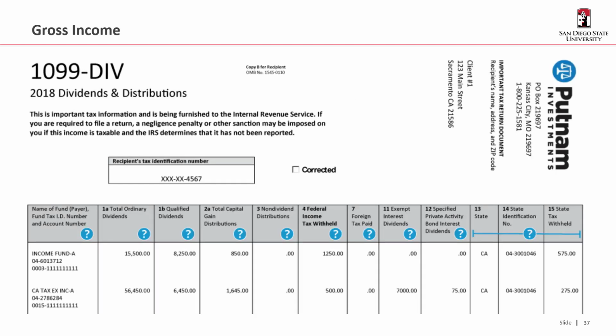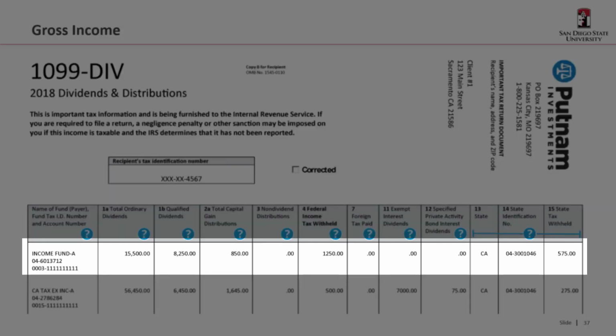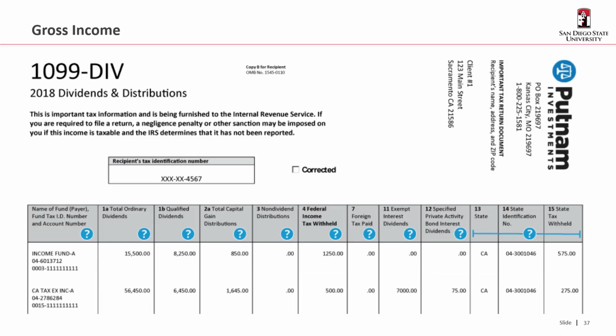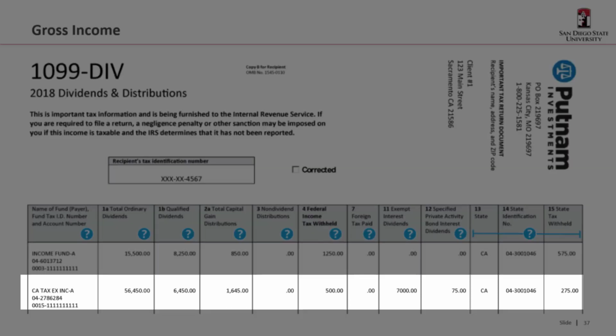Okay, so here's what a common mutual fund 1099-DIV will look like. If you look at the top fund, the Income Fund A, you'll see it's got ordinary dividends, qualified dividends, and then total capital gain distributions. Again, those are broken out separately. Why? Because, of course, they're taxed at preferential rates, similar to the qualified dividends. If you look at the California tax exempt income fund, you'll see ordinary dividends, qualified dividends, capital gain distributions.